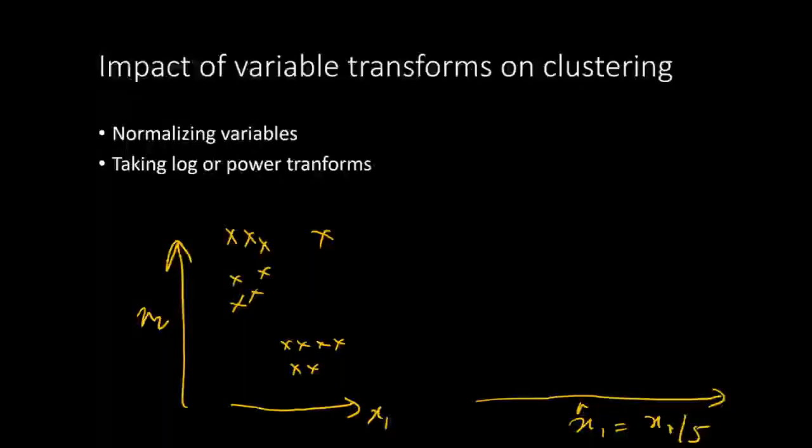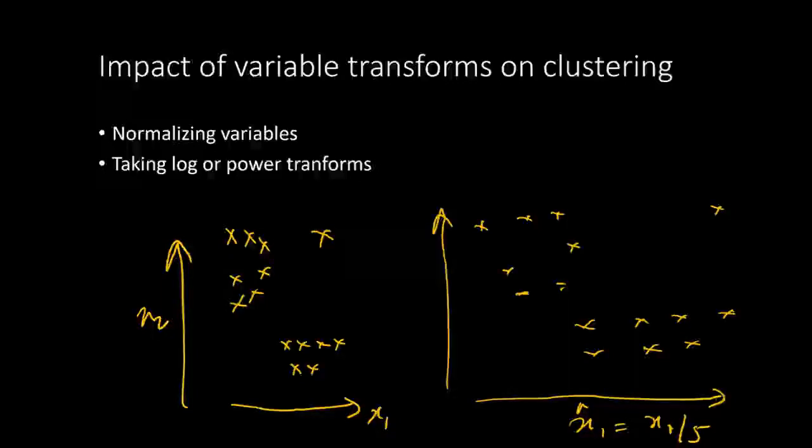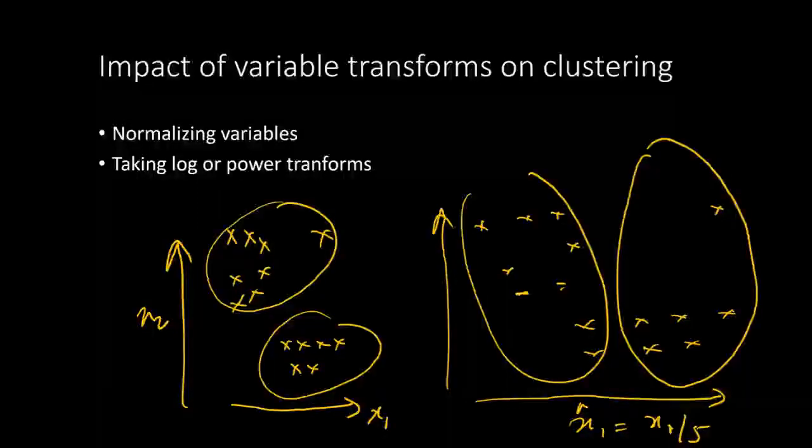I'm going to stretch my axis, so the same number of points are going to be stretched in one direction and not in the other direction. So what could have been a clustering like this now becomes a clustering like this.